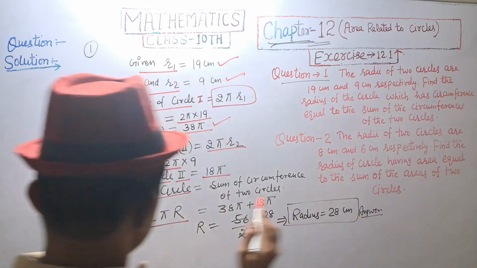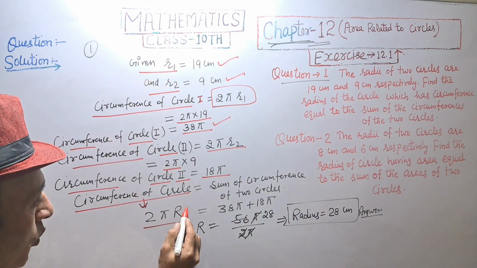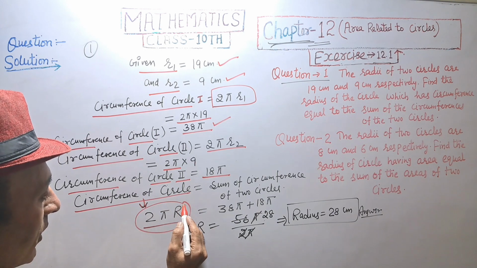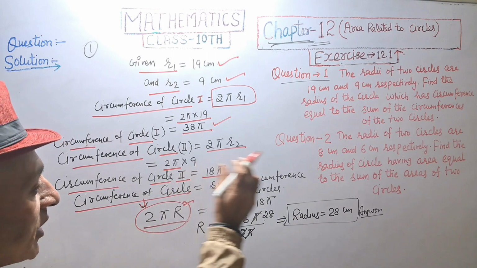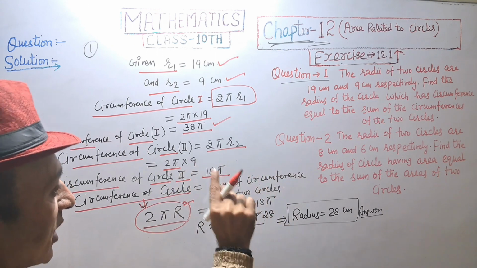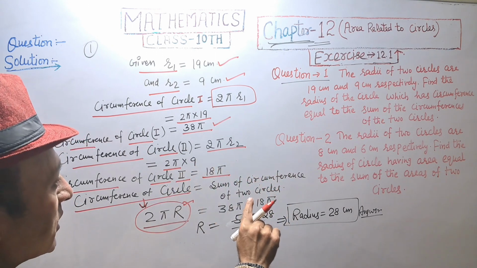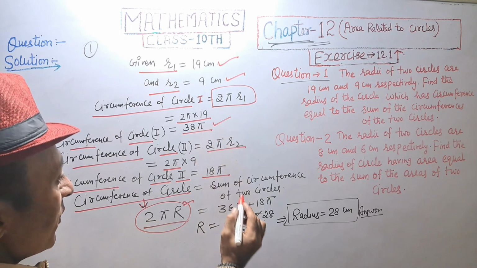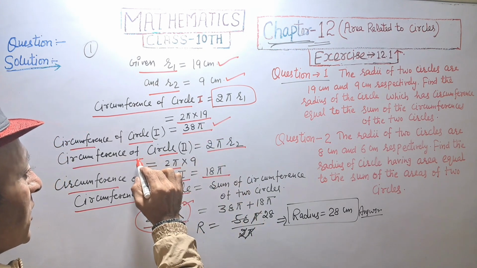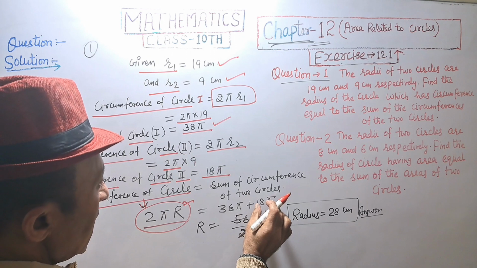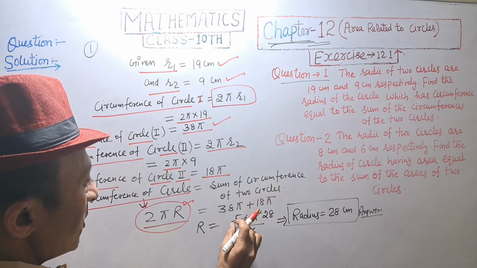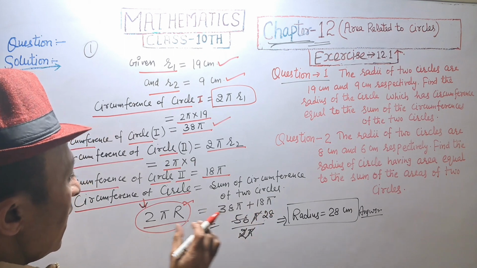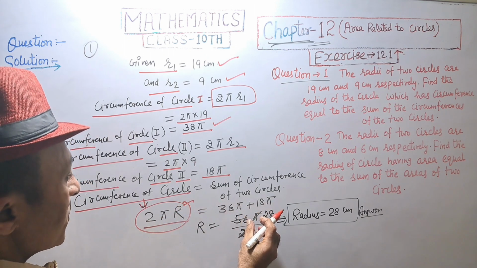Circumference of circle is equal to 2 pi r, and we want to find the radius of the circle that is equal to the sum of the circumferences of the two circles. 38 pi plus 18 pi is 56 pi, and 2 pi r is equal to 56 pi.